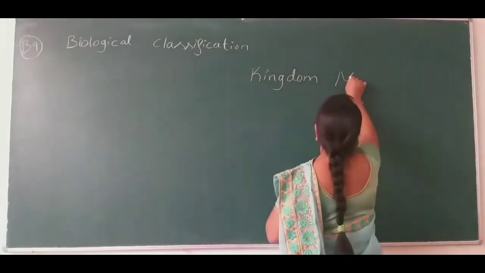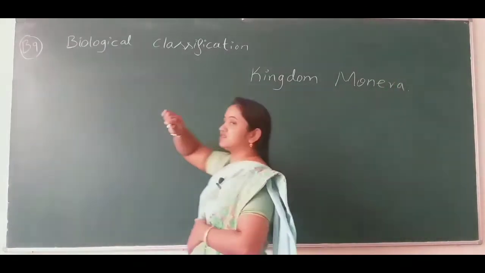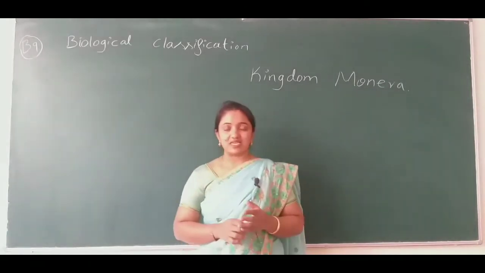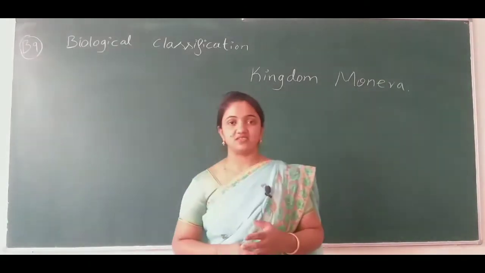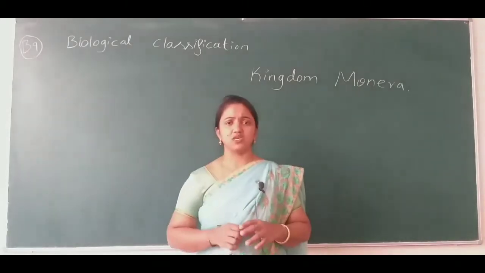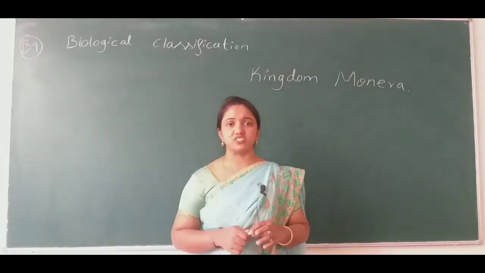Kingdom Monera. As I told you in the last class itself, it includes the bacteria, an abundant number of bacteria found on the earth. Some of them are useful and some of them are pathogenic.